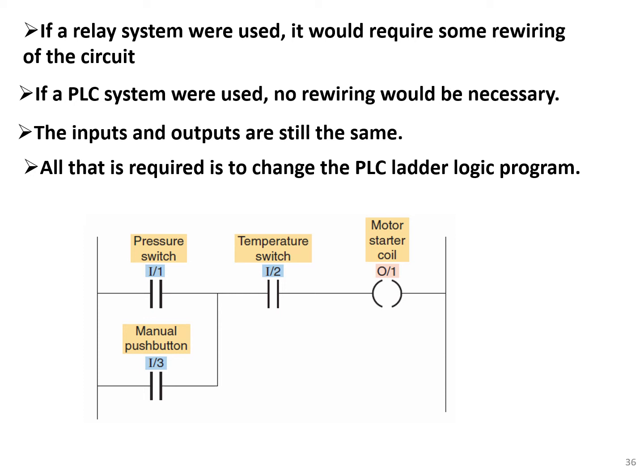The inputs and outputs are still the same. All that is required is to change the PLC ladder logic program. So we are using the same sensors and the same motor, so we don't need to change the wiring if we use a PLC, but we could just change the program easily and download it to the memory of the PLC.